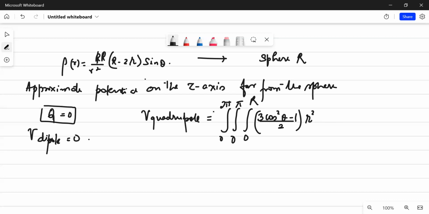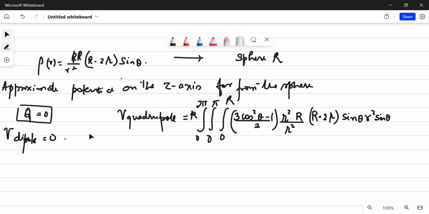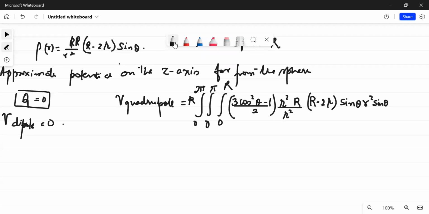And then I will take this k common out, so this is fine. And then this will be capital R divided by small r square, then you have this capital R minus this 2r, and then you have the sine theta, and you have r square sine theta, which is sine theta d theta d phi dr.